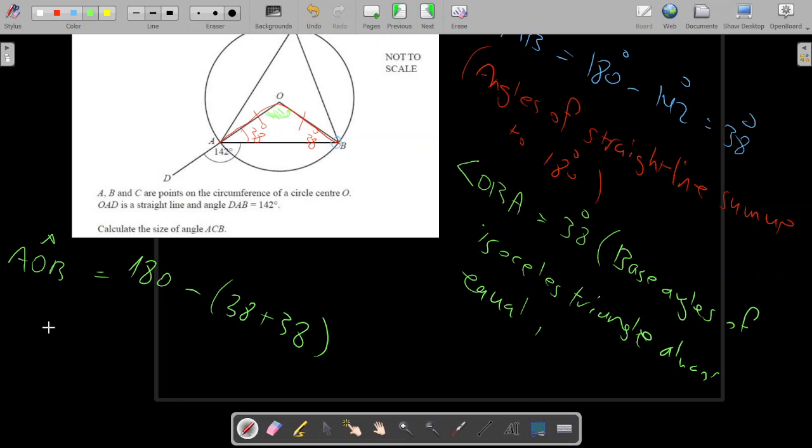So angle AOB is going to be equal to 180 minus 76 degrees, which means that this is going to be equal to 104 degrees. This one is going to be equal to 104 degrees.